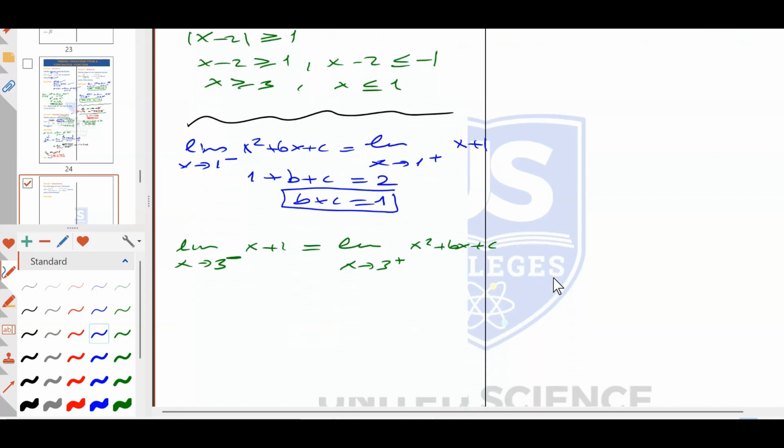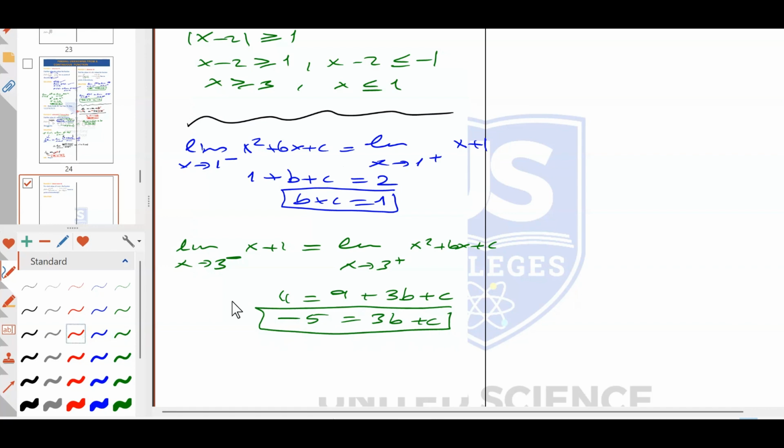Second equation, insert 3 back, 3 plus 1, 4 on the left, on the right, 3 squared, 9 plus 3b plus c. Bring 9 to the other side, negative 5 equals 3b plus c. That's my second equation. So I'm going to solve this system.